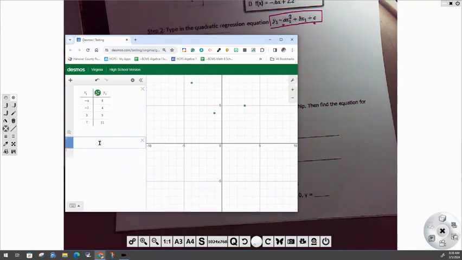Now I'm going to come down here and put in my quadratic equation. I'm going to say y1 approximate ax1 squared plus bx1 plus c.